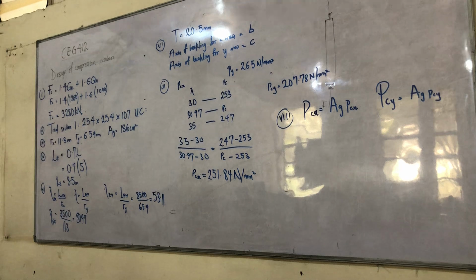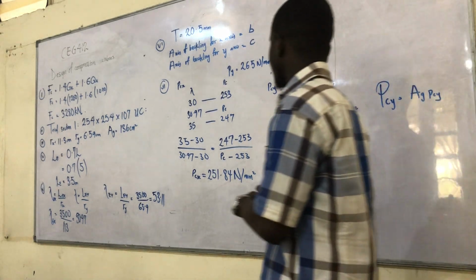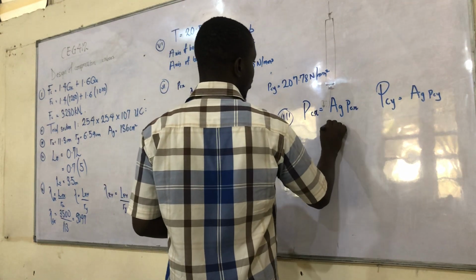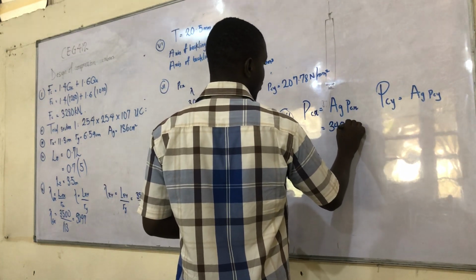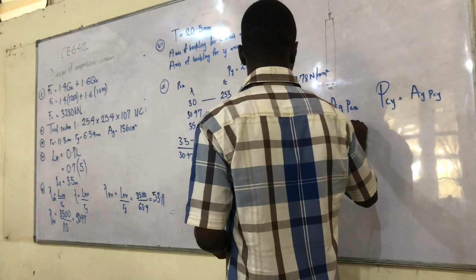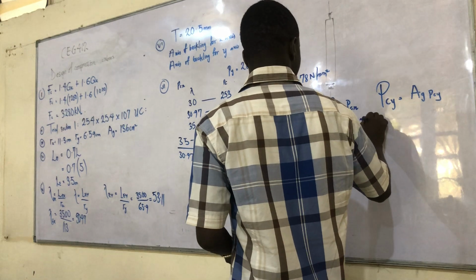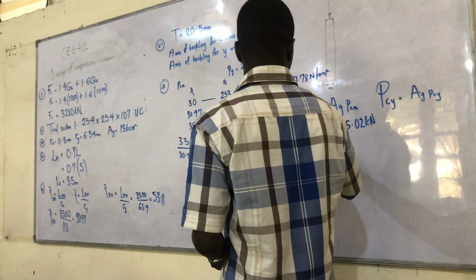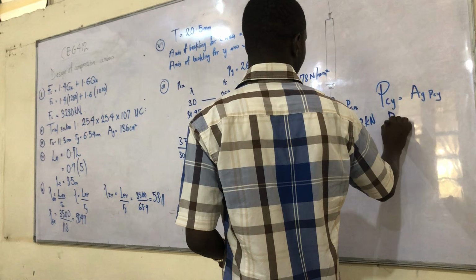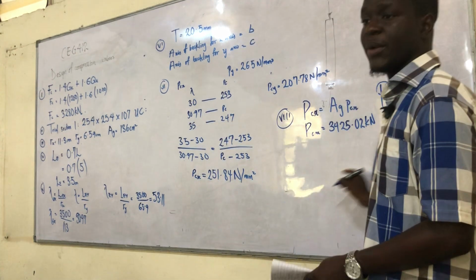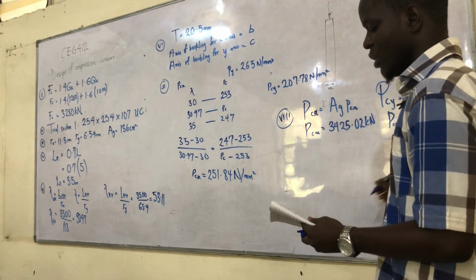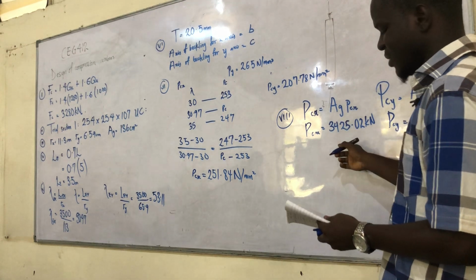I think I taught you how to convert. What did you call your PCX? 3425.02 kilonewton. What's our PCY? Are you sure this PCX is correct?